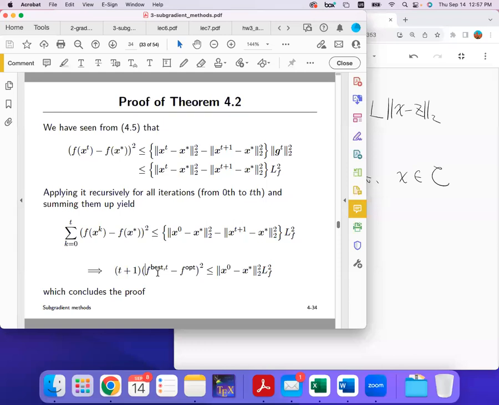Okay, and there's a t+1 because the summation has t+1 terms. Each of these terms will be lower bounded by this guy, right? And then we have t+1 of this term, so it's t+1 times this.